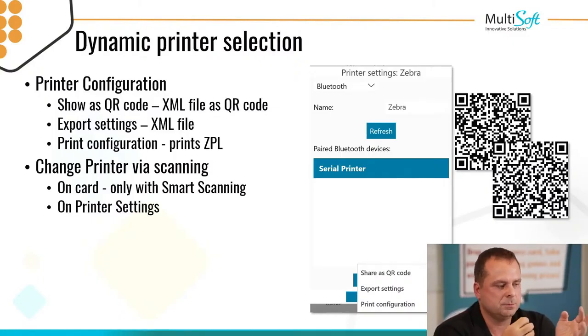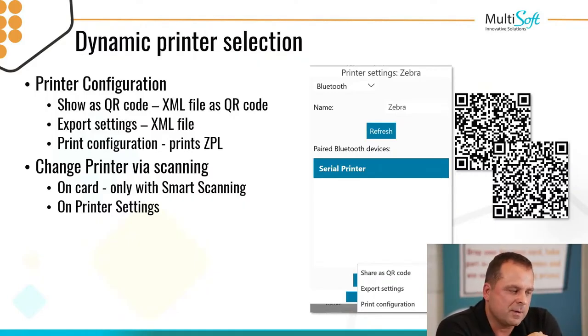And to easily achieve this, the user might want to dynamically switch the actual printer of his preference, depending on where he is in the warehouse at the moment. So for this particular need, we have implemented this new feature, which we call dynamic printer selection.